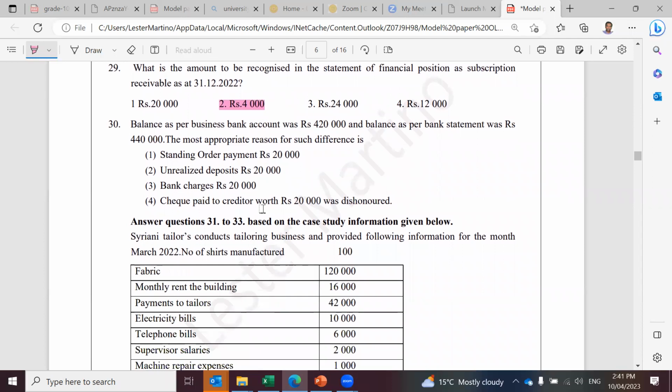The balance as per bank account is 420,000. Balance as per bank statement is 440,000. The most appropriate reason for such difference. The bank statement balance is higher than that, which means someone has put money into your account. Standing order payments, no. Unrealized deposits, no. Bank charges, no. The check paid to creditor worth 20,000 was dishonored.